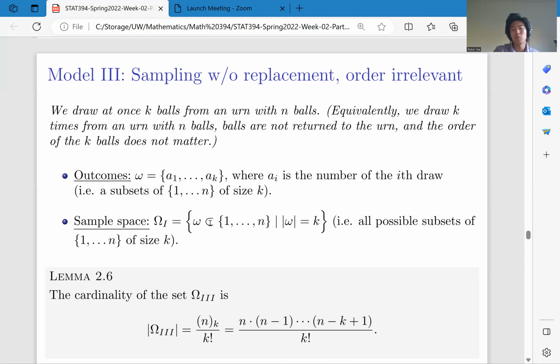So each outcome W must be a subset of the original cases, 1 to n. It has n choices, so it is a subset of that. But the cardinality of W here must be k. So it's all the possible subsets of size k of the set 1 to n.